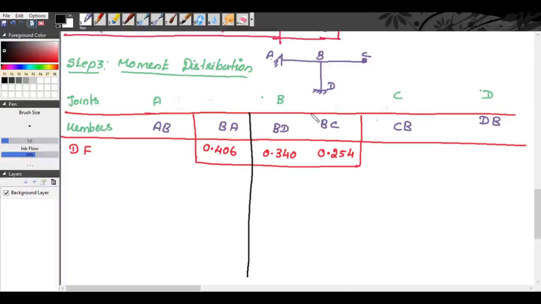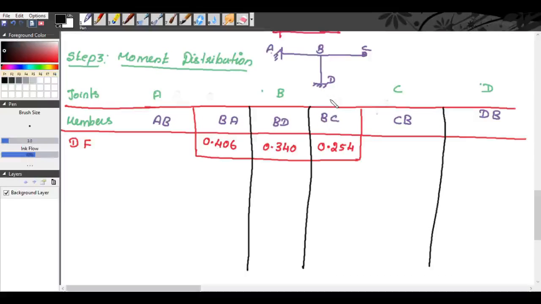BC and CB come together, so we will separate this. So AB, BC and BD. Okay, so we will separate it.